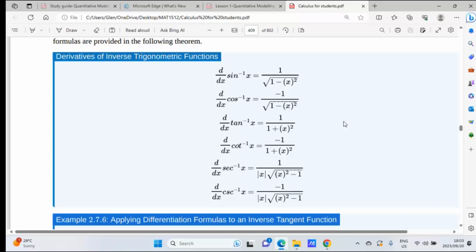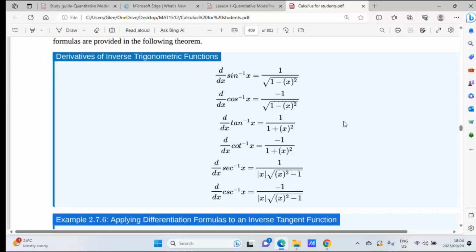The derivative of the inverse of tan of x is equal to 1 over 1 plus x squared. The derivative of the inverse of cot of x is equal to -1 all over 1 plus x squared.